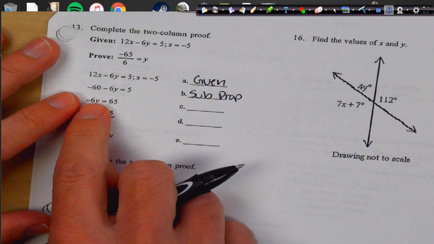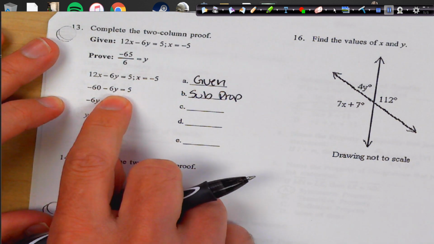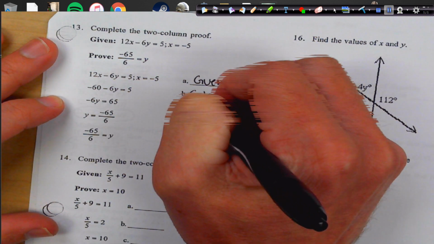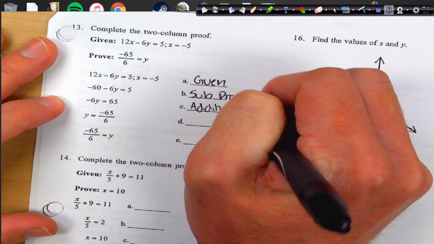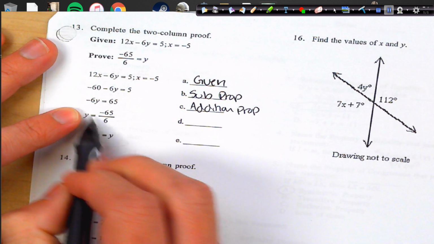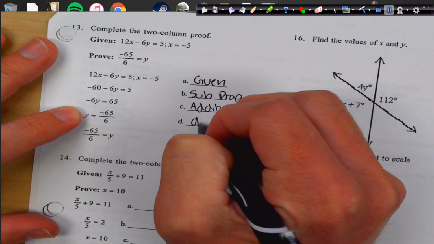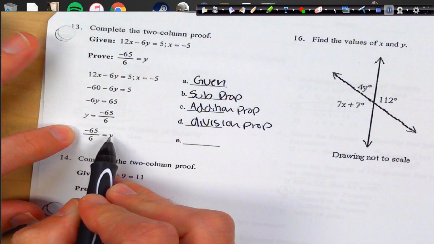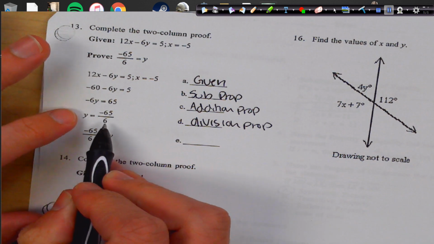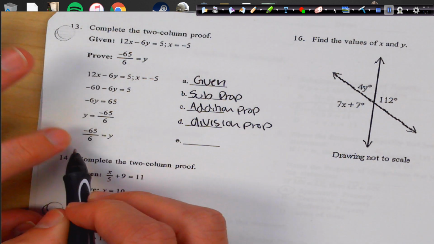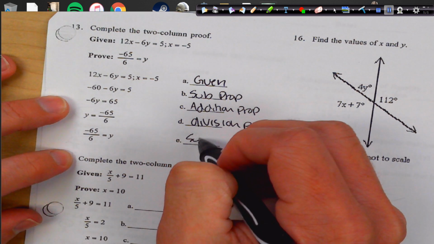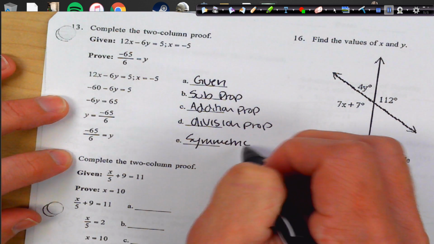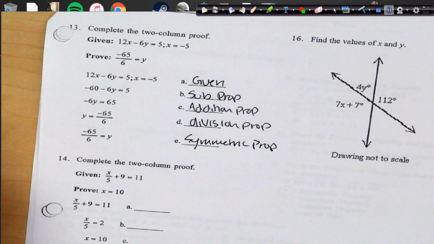And then down here, we're adding the 60 over to both sides, so that's addition property. And then we're dividing by a negative 6, so that's division property. Okay. Now, here they just flip sides. So what would tell us to flip sides? That would be symmetric property. Okay, and that's number 13.